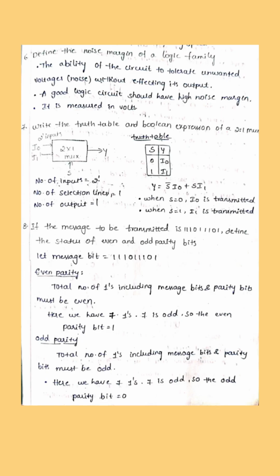Here we have 7 ones, which is an odd number, therefore the even parity bit should be 1. Similarly, what is odd parity? The total number of ones including message bits and parity bit must be odd. Here we have 7 ones, that is odd, therefore the odd parity bit is 0. Like that we can define the parity bit.